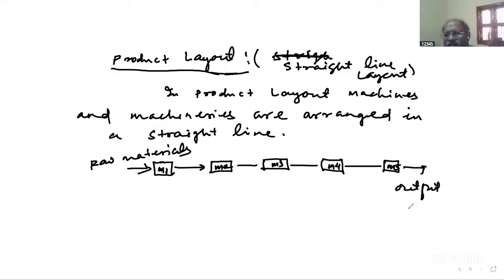You see, the raw materials are fed at the first machine, outputs are coming out at the last machine. Actually, it is a beautiful sight to watch in your sugar industry or in your paper industry, how the raw materials are fed in the first machine and outputs are coming out in the last machine.